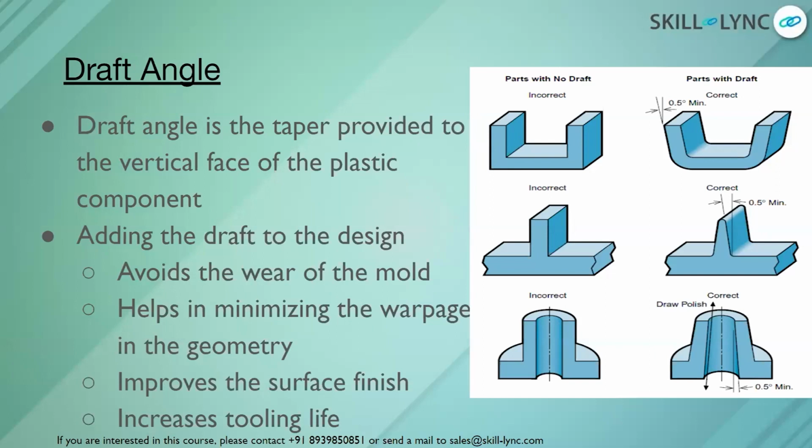So draft angle is very important with respect to plastic development using injection molding. These are some of the factors you need to look into. As a design engineer, these are some of the standard values you need to follow while designing plastic components, right?